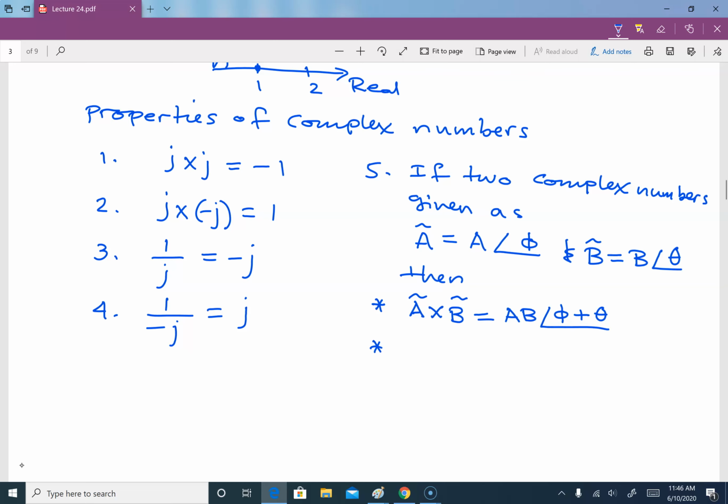And if we have phasor A divided by phasor B, that will be the magnitude of A divided by the magnitude of B, with angle phi, and then since our phasor B has an angle, whatever that angle is, you need to flip the sign when you put it up there. So that will be negative theta.